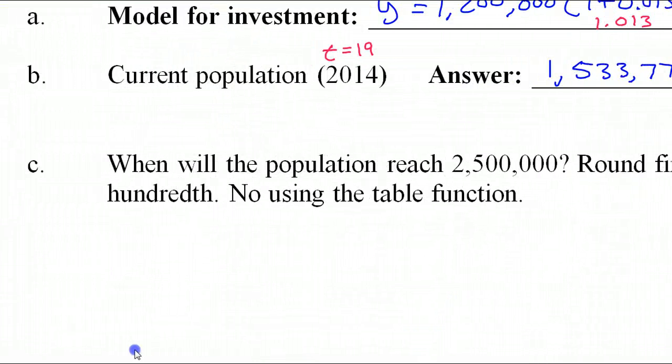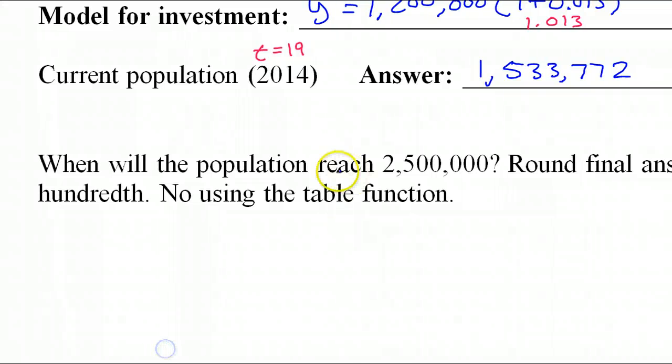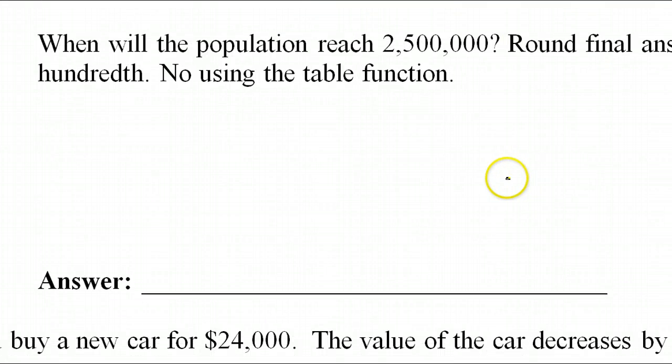Now, the tougher question: when will the population reach 2,500,000? This is the eventual amount years later, so this is the y value. This is similar to the problems that we did before.